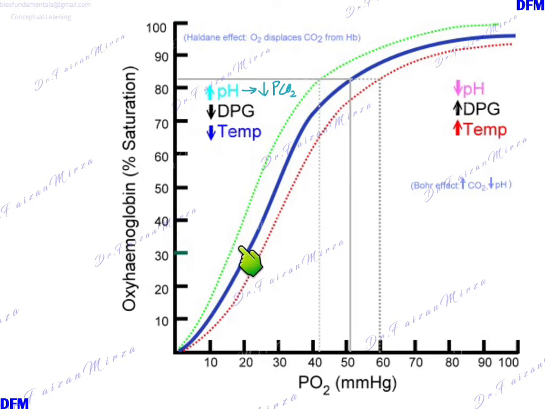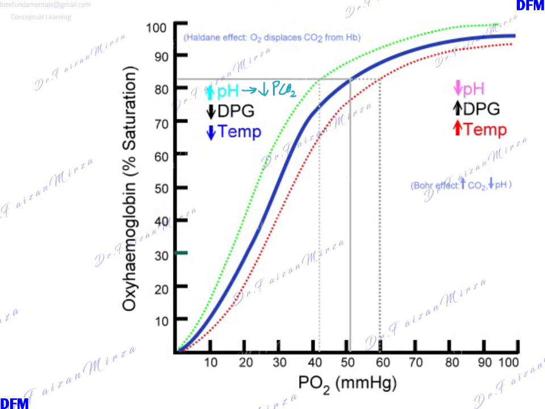The graph here has three curves. These curves are shown for hemoglobin dissociation, and if you look at the axis, this is PO2, which means you are increasing the oxygen around the hemoglobin, and what increases alongside is the concentration of saturated hemoglobin.